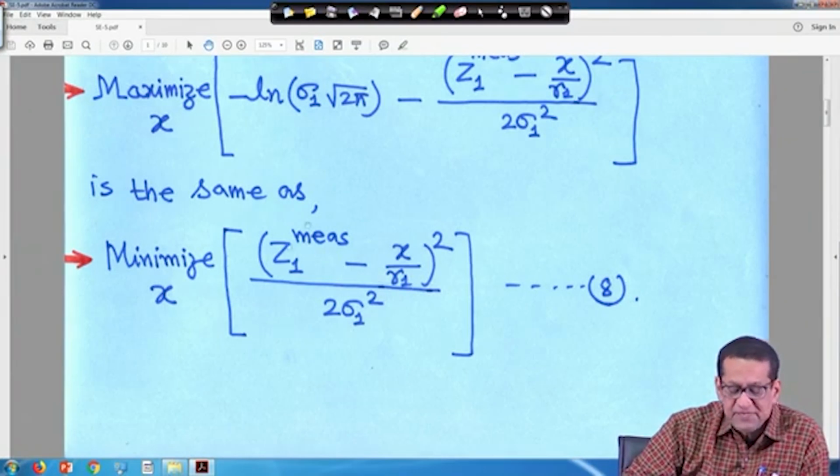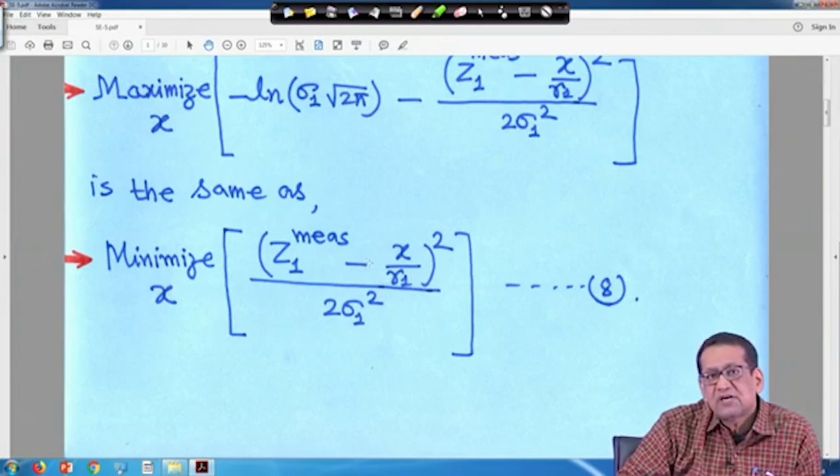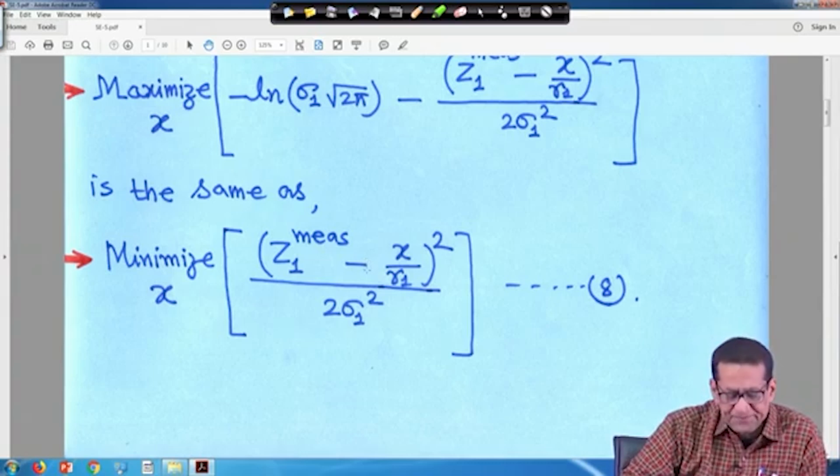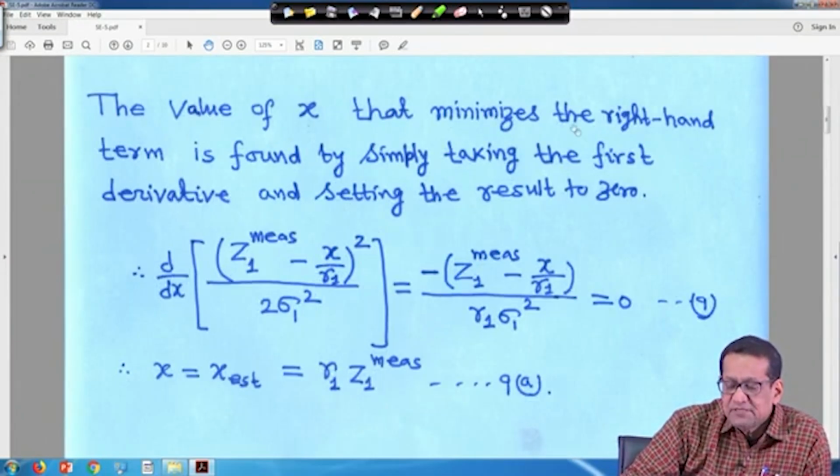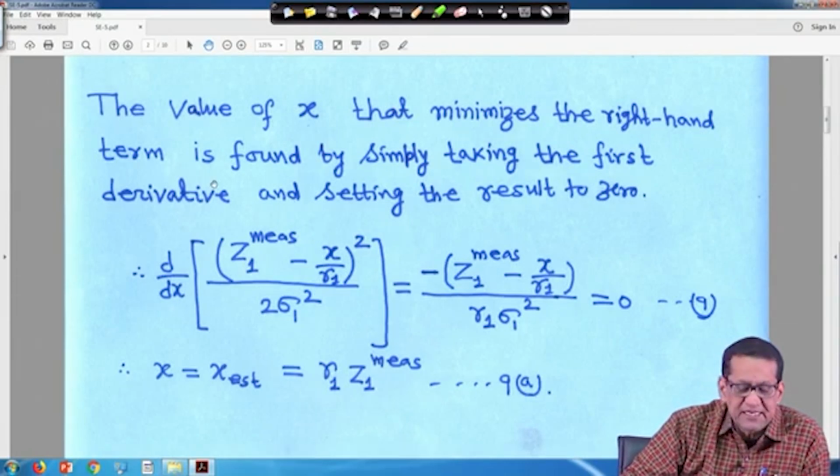So, to minimize x, you take d/dx of this and set it equal to 0. That means the value of x that minimizes the right hand term is found by simply taking the first derivative and setting the result to 0.